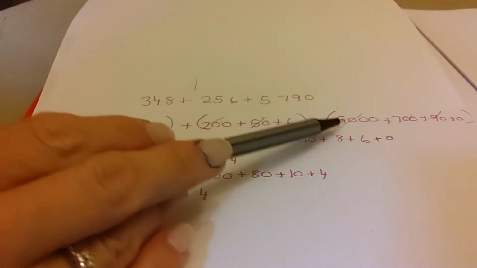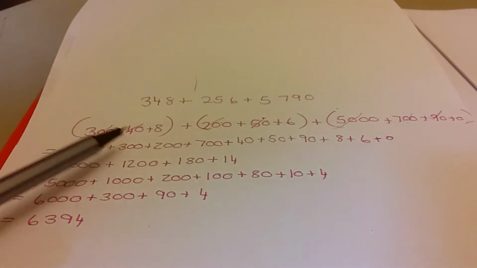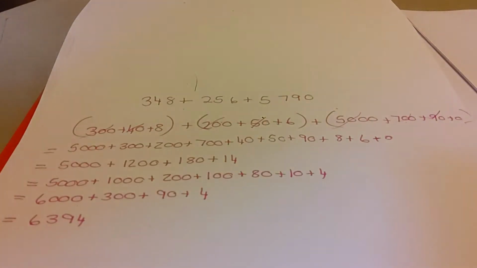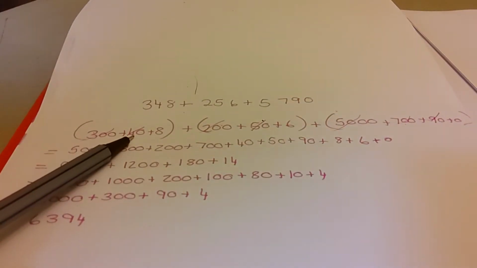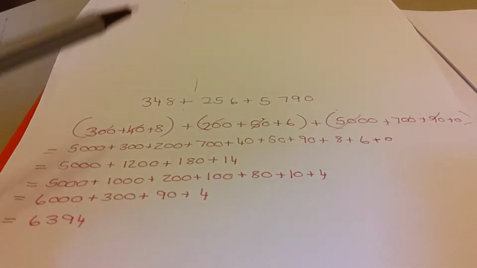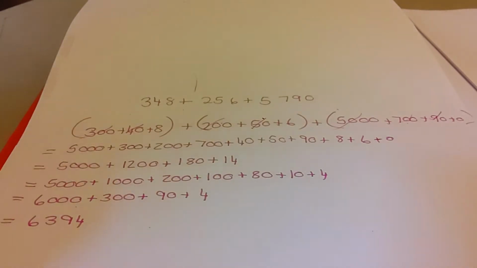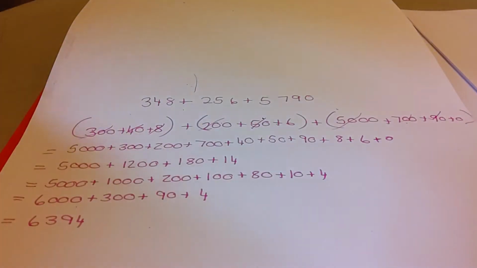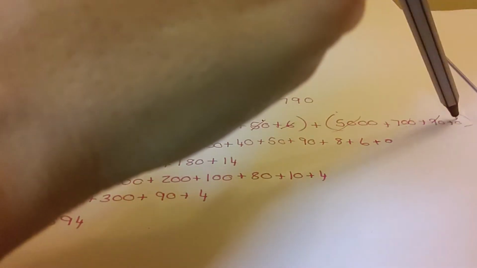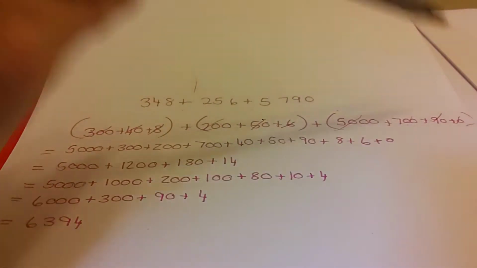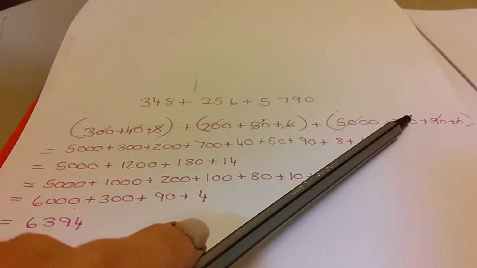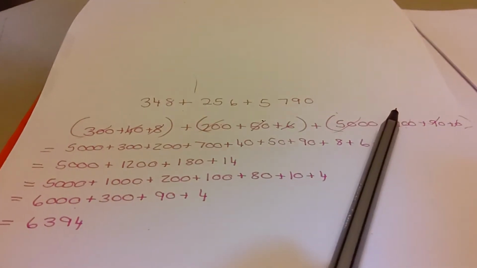So 5,000 plus 300 plus 200 plus 700 plus 40 plus 50 plus 90 plus 8, so I can scratch 8, plus 6, scratch 6, and plus 0. If you did not write the 0 there, it's fine. Then you just stop this step at the 6.